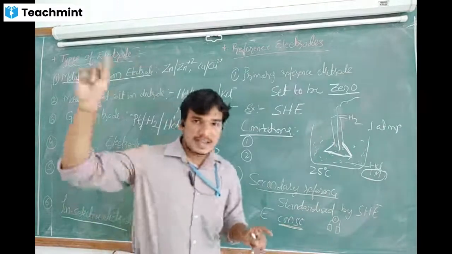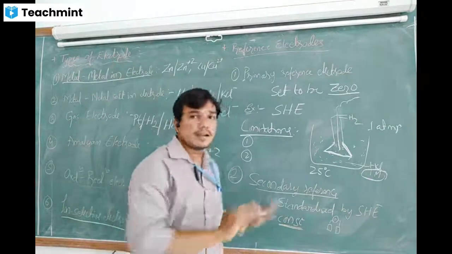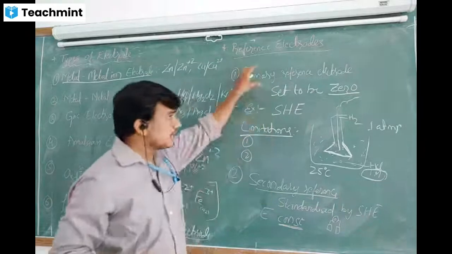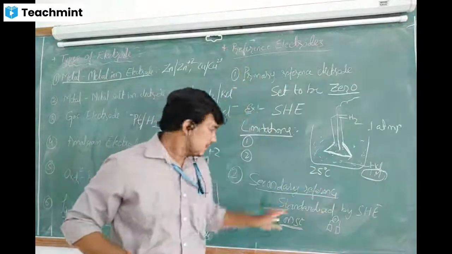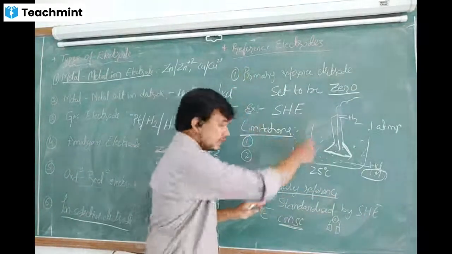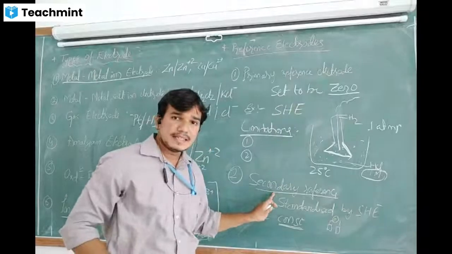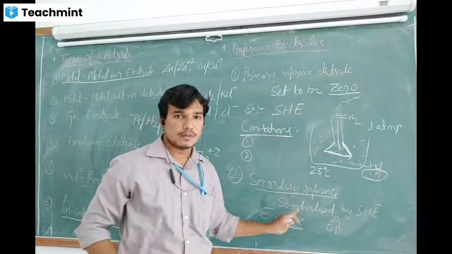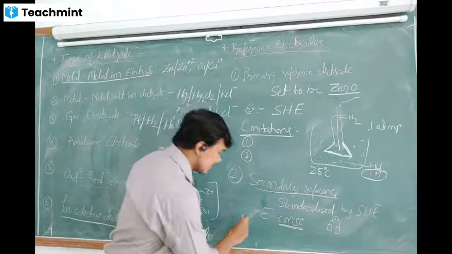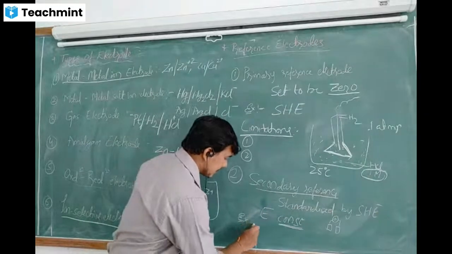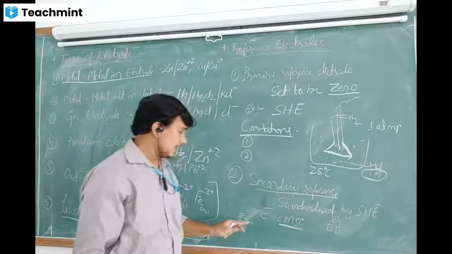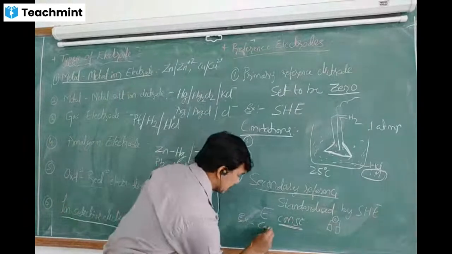In India or any other country, it will be constant only. Okay, so primary reference electrodes we use to standardize the secondary reference electrode. Example for secondary reference electrode is calomel electrode.